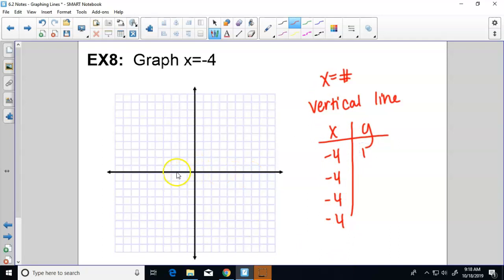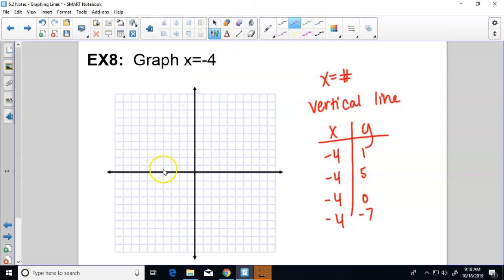So it might be -4, 1. It might be -4, 5. It might be -4, 0. It might be -4, -7. See how those all line up here? Except I put them all at 3, haven't I? Oops.